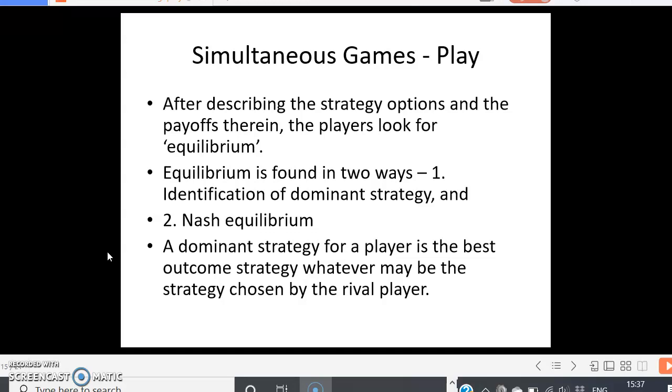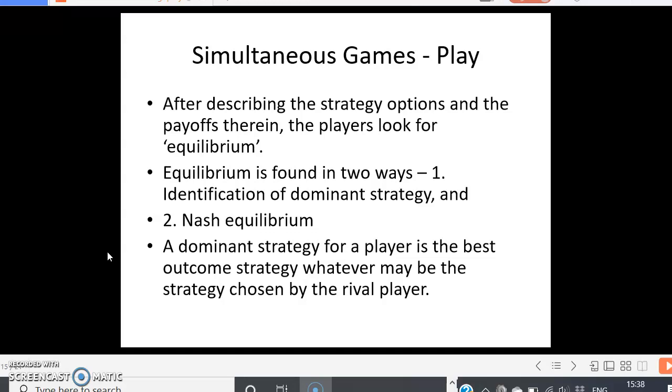The way this game is played is that the players look for an equilibrium. Equilibrium is that decision where you are ultimately going to land. Now that equilibrium, that optimal decision, we can call it, is found in two ways.